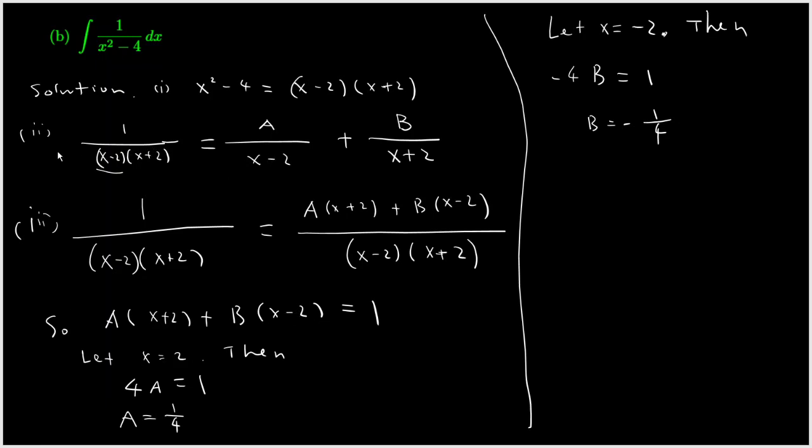Now go back to step 2. You have seen the value of a, you have seen the value of b. The value of a is 1/4, the value of b is negative 1/4.